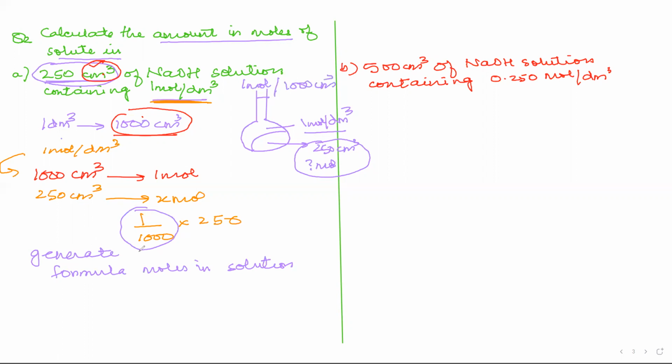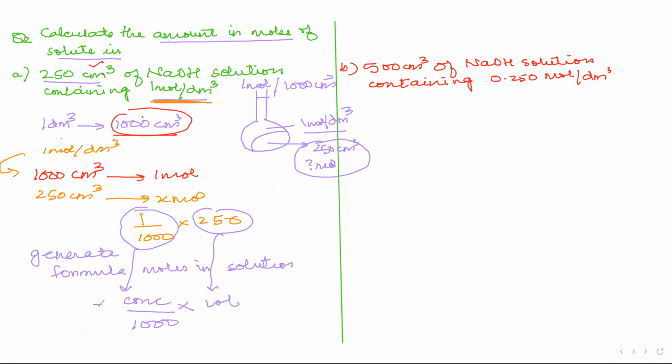So I'm writing down here the concentration, and concentration divided by 1000, right? Because I need to convert this into the same unit of cm cube. And what is this 250? 250 is basically the volume, the volume in which I need to find out how many moles are going to be there.